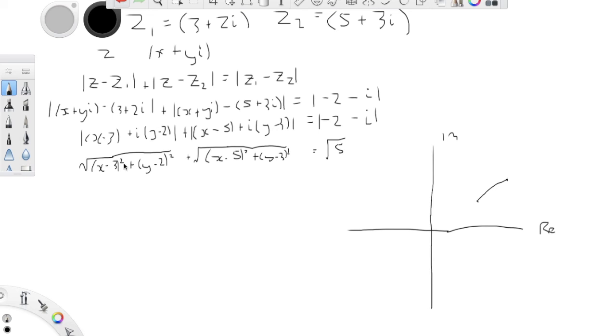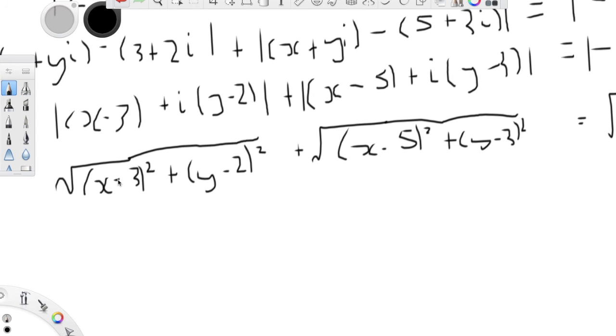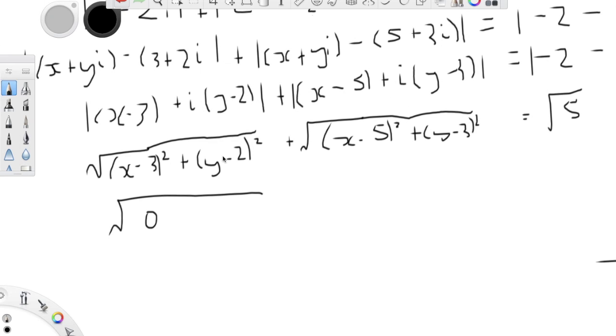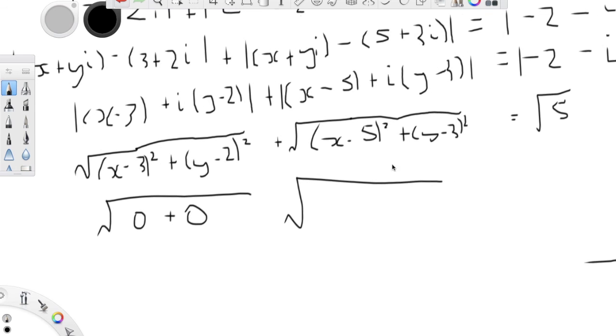So 3 minus 3 squared equals 0, root 0, plus 2 minus 2, 0. Then 3 minus 5 squared gives 4, plus 2 minus 3 squared gives 1, equals root 5. So it fits this rule.